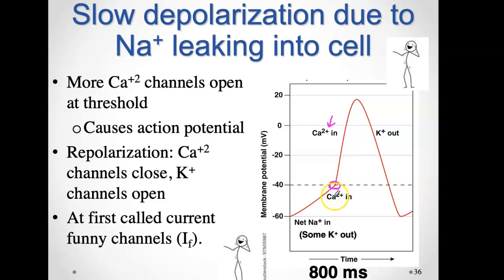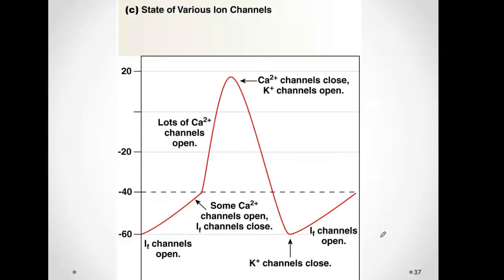Okay, so you're always going to draw your action potential coming from these pacemaker cells like this. A sort of flat line getting to a place, and then I'm going to have the regular action potential happening. And all of that's going to take about 800 milliseconds. So this is just expanded. So here are my funny channels.